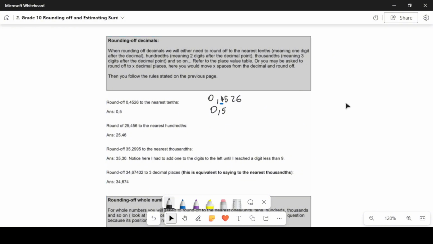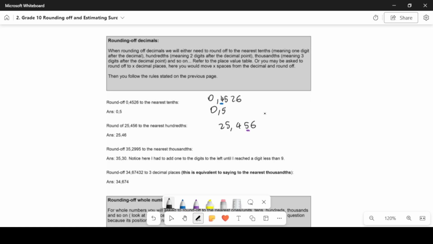Okay, let's look at the next example. Round up 25,456 to the nearest hundreds. Okay, so which is our hundreds column? For 25,456, the hundreds column is 2 digits after the decimal point. So it'll be this digit, the second digit after the decimal point. If I look at that number, I need to look at the number to the right of it, which is 6.